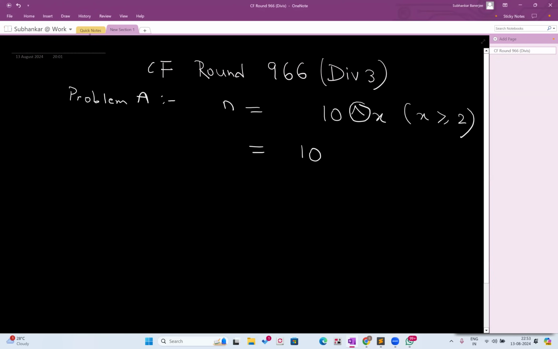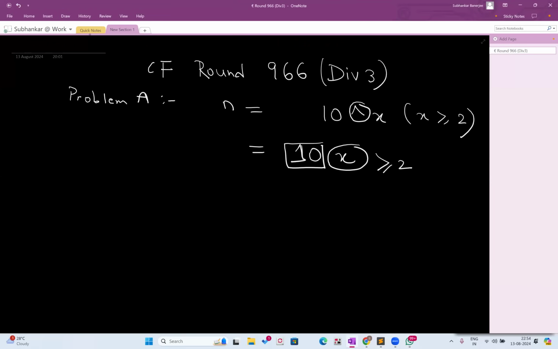That is a basic necessity. And there must be an integer x written after it, which should be greater than or equal to 2. So it should start with 1 0 definitely, and should have an integer x after it, which should be greater than or equal to 2.